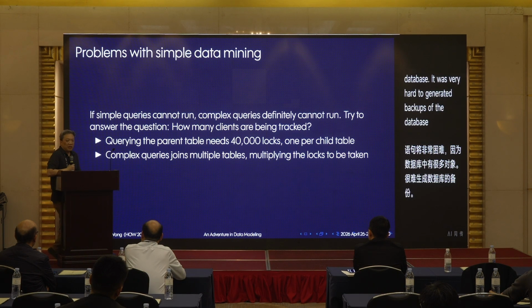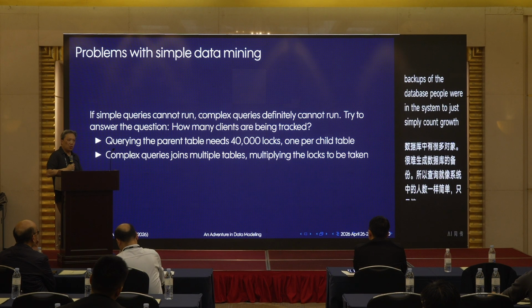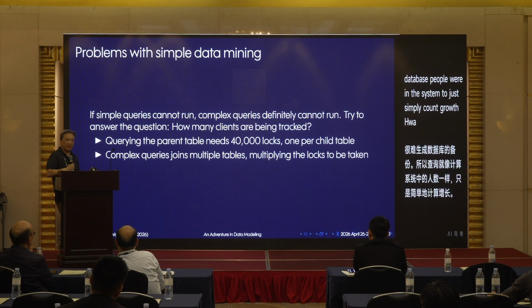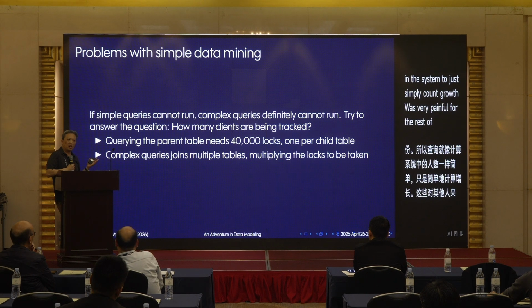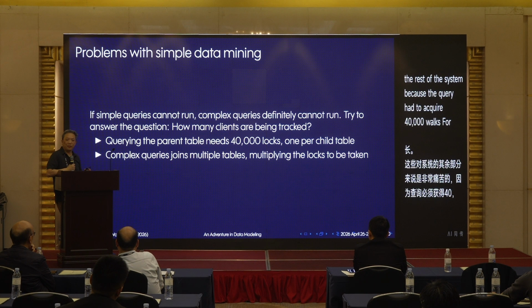So a query as simple as just counting the number of people in the system, to simply count rows, was very painful for the rest of the system because the query had to acquire 40,000 locks to perform such a simple query.